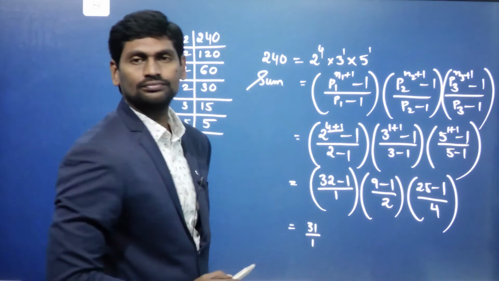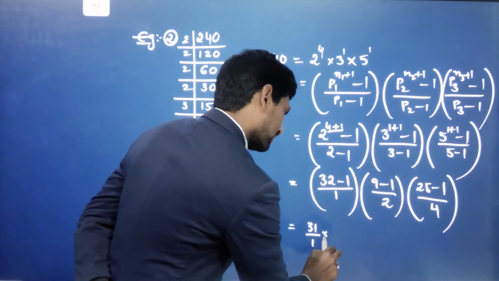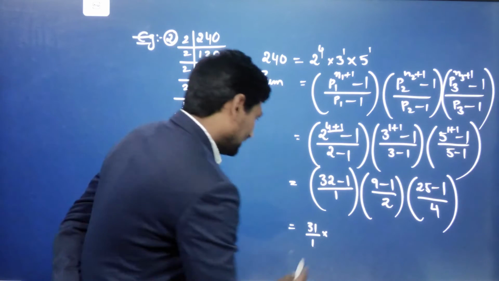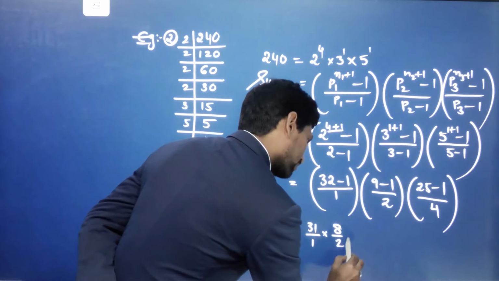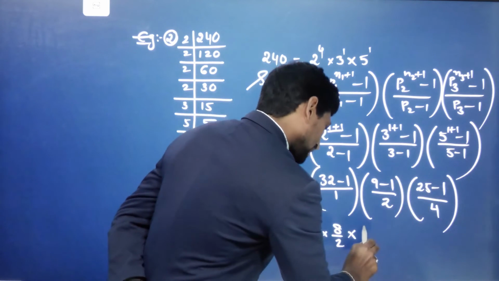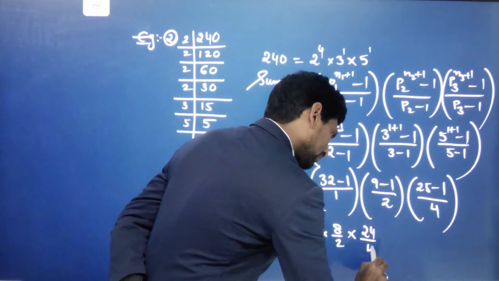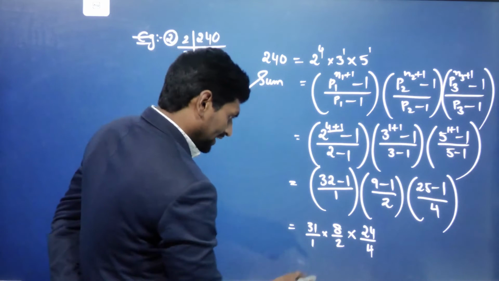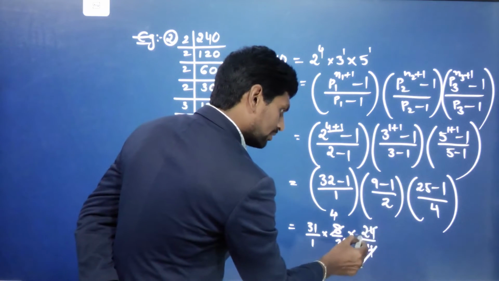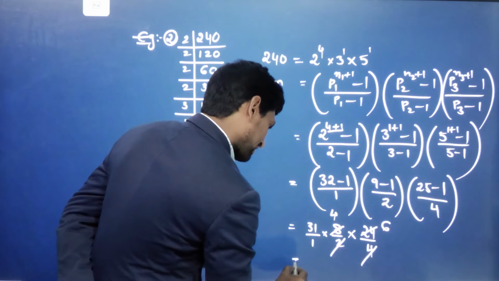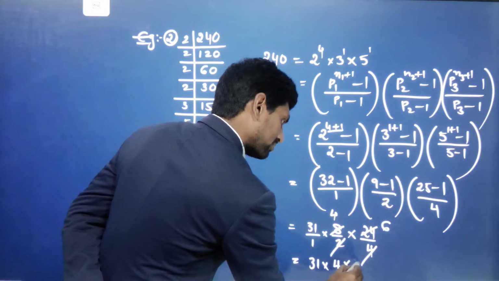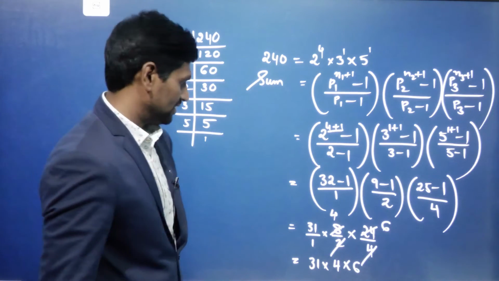31 by 1, into the second value 9 minus 1 is 8, 8 by 2. 2 table we can cancel in 8. Next 25 minus 1 is 24 by 4. Let us cancel: 2 table in 8, 4 times, and 4 table in 24, 6 times. That means 31 into 4 into 6.